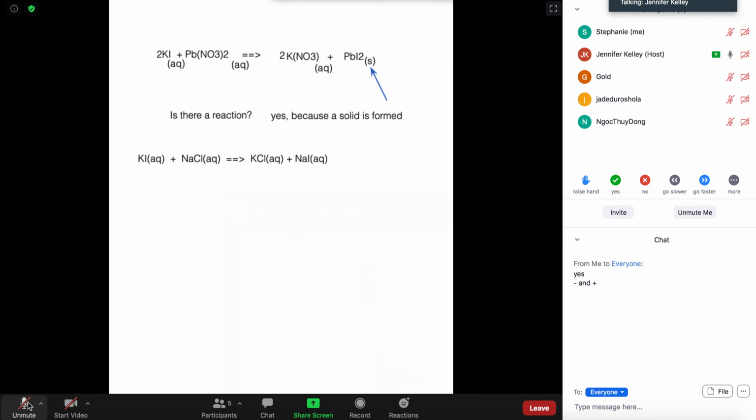So looking into it a little deeper to figure out what happens in solution, we would start by separating everything out to get the overall ionic equation. That's where we separate everything that has an aqueous symbol. If it didn't have an aqueous symbol, we wouldn't separate it.